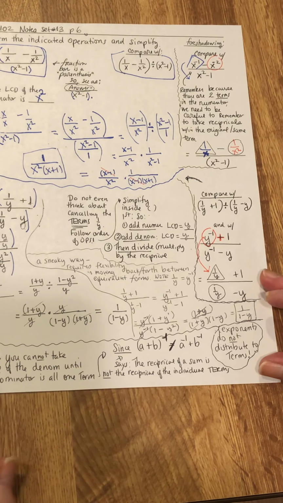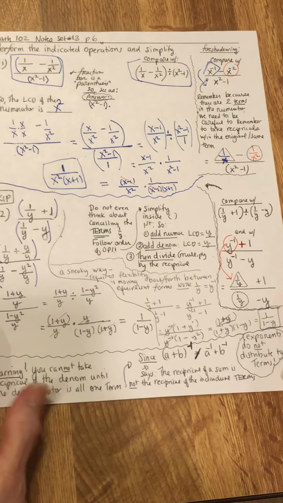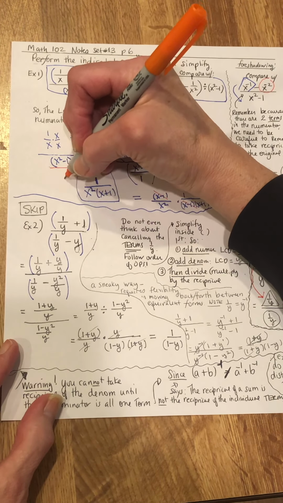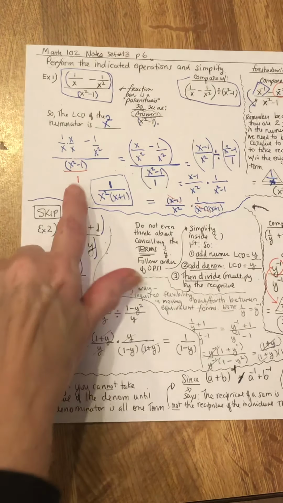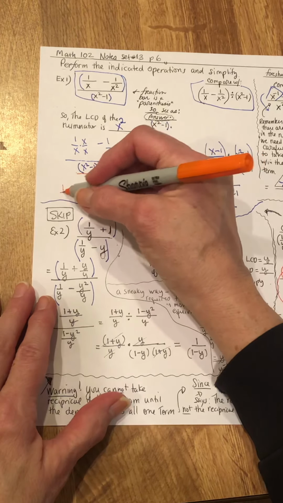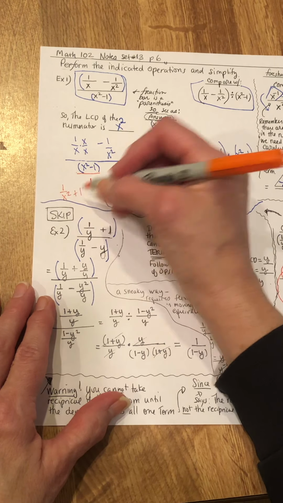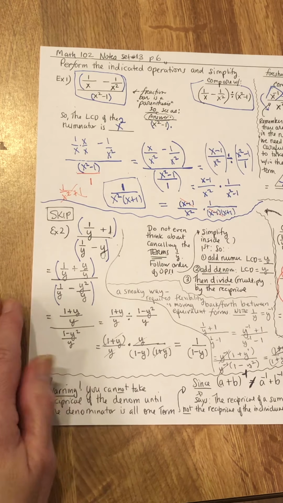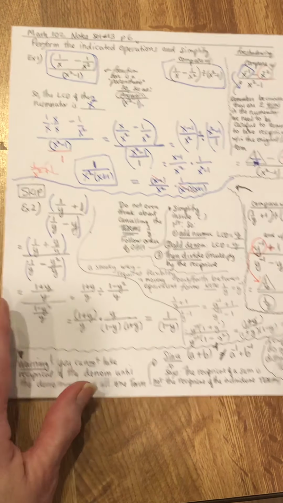Now, one thing I do want to point out, and it's very relevant to what I talked about here. If I wanted to multiply by the reciprocal of this, I can't say, oh, I'll flip that term and I'll flip that term. That is not the reciprocal of x squared minus 1. And that's what this statement here says.